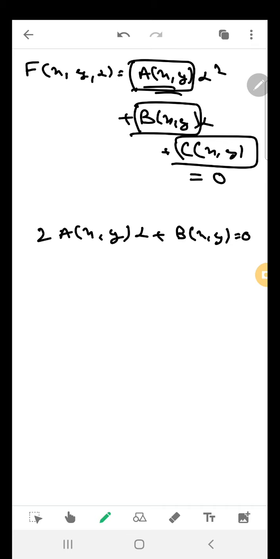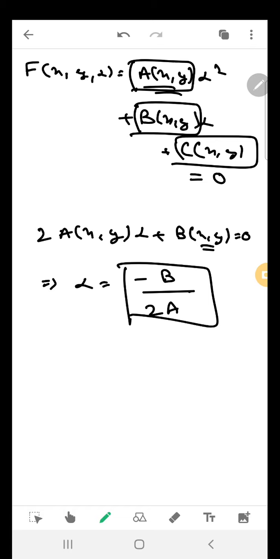Clear? From here what do you get? Alpha equals minus b over 2a. I am not writing this x, y portion again. Now if you put this value of alpha here, you get b square equals 4ac.